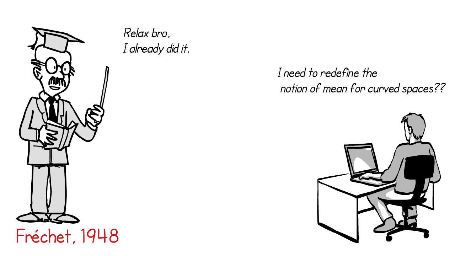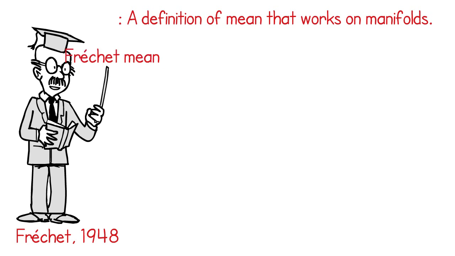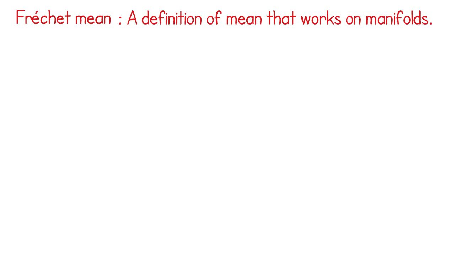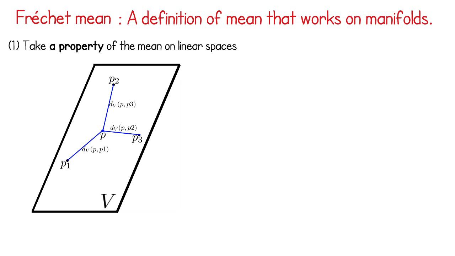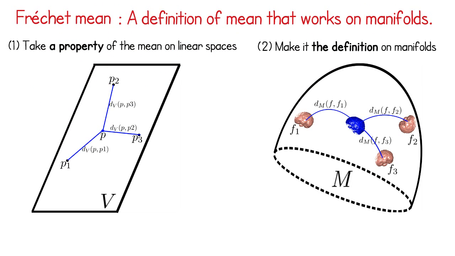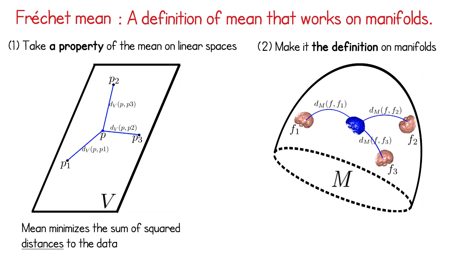What about using the definition of Fréchet, the Fréchet mean? The Fréchet mean is a definition of mean that works on manifolds. Fréchet took a property of the mean on linear spaces and made this property the new definition on manifolds. He remarked that on linear spaces, the mean minimizes the sum of the squared distances to the data.